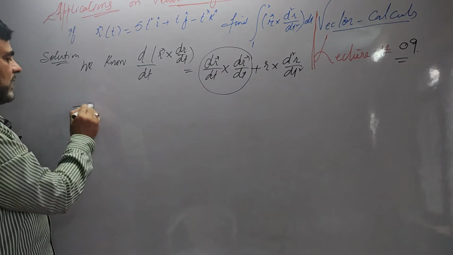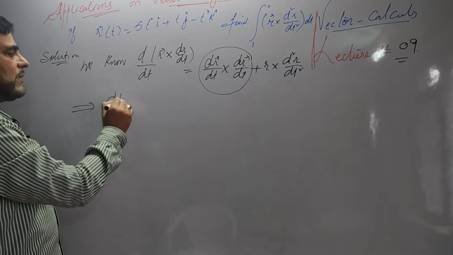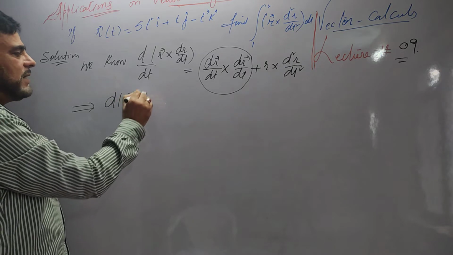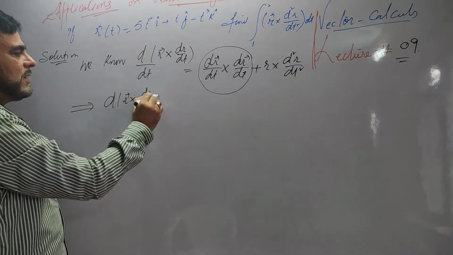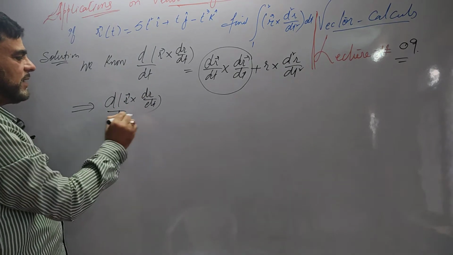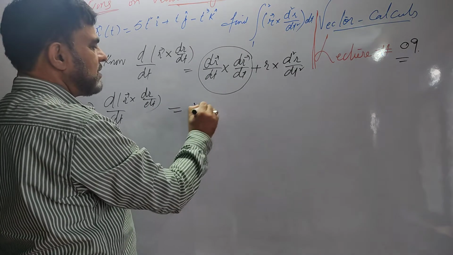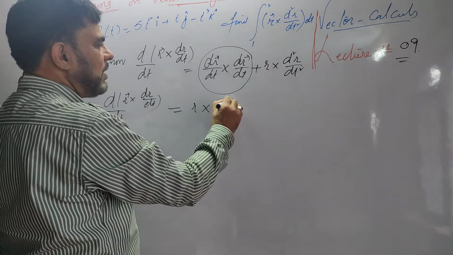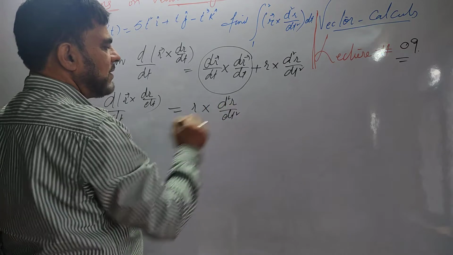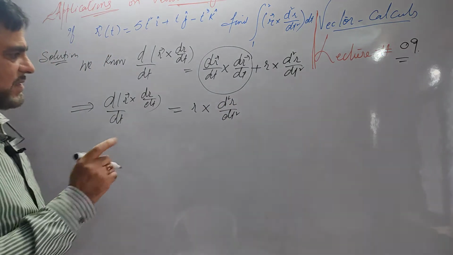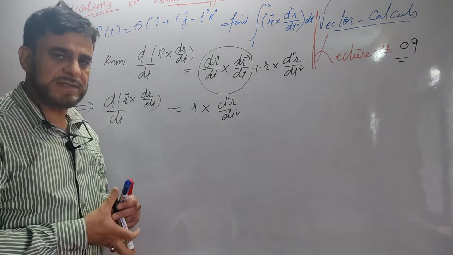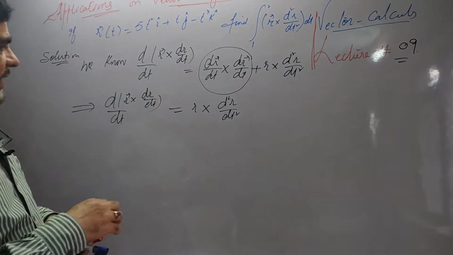So the derivative of r cross dr by dt with respect to t is r cross d2r by dt square. We proved this result in the previous lecture, but I am touching on it again here.